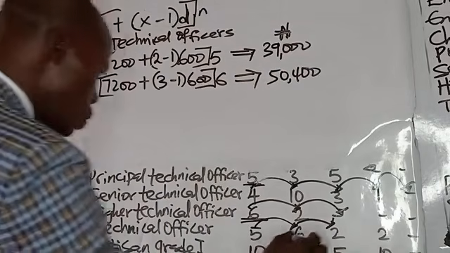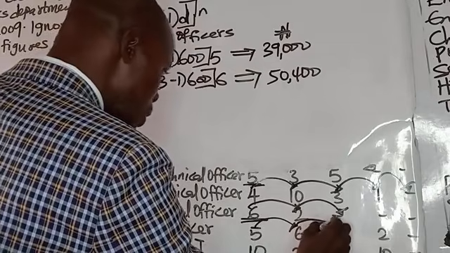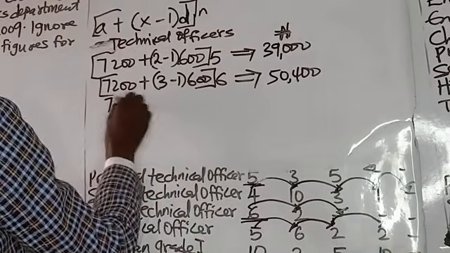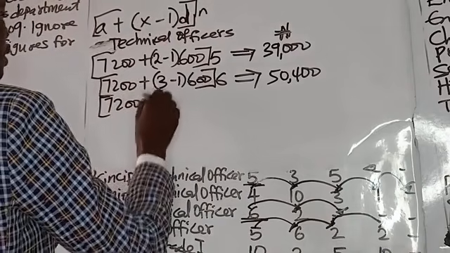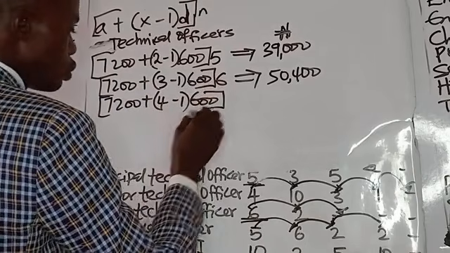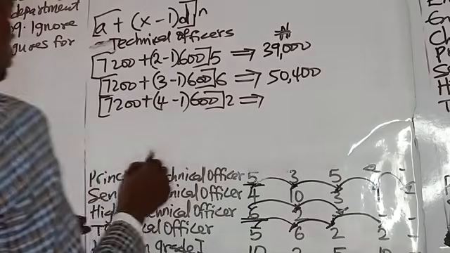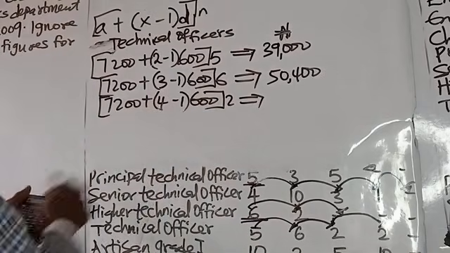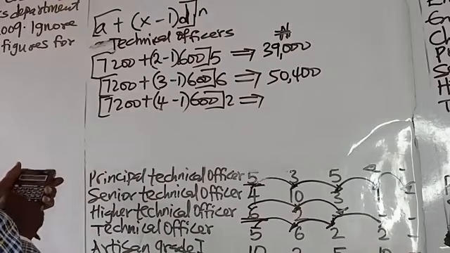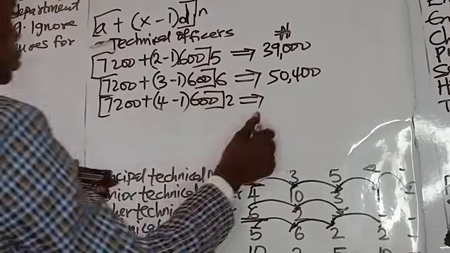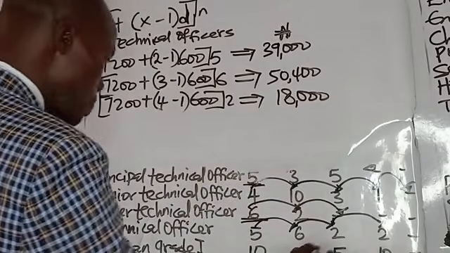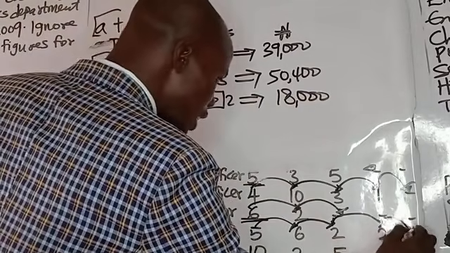Then 2 employees were in step 3. Who will now move to step 4? We have 7,200 plus step 4, increment of 600, and we have 2 employees. 4 minus 1, that is 3. 3 times 600, that is 1,800. 1,800 plus 7,200, that is 9,000 times 2, that is 18,000. 2 employees were in step 4 who will now move to step 5 as well.